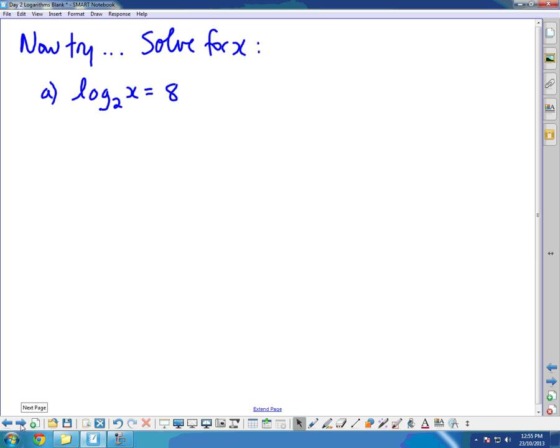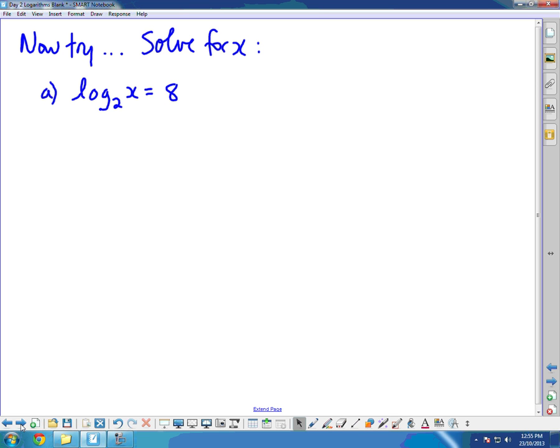All right. So now we're going to try and solve some exponential equations. For these, the strategy will be to switch them all into exponential equations because that's the stuff we're familiar with.